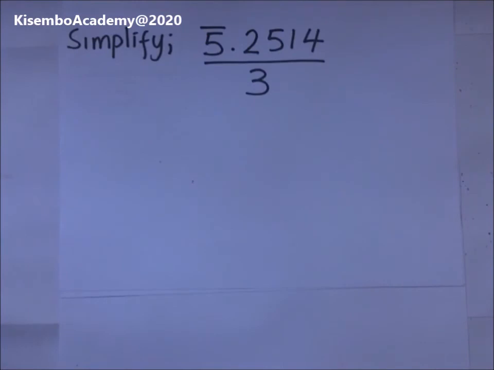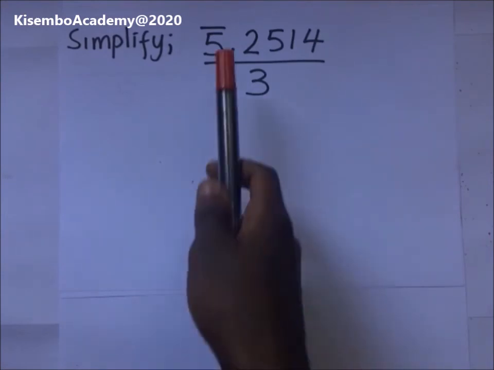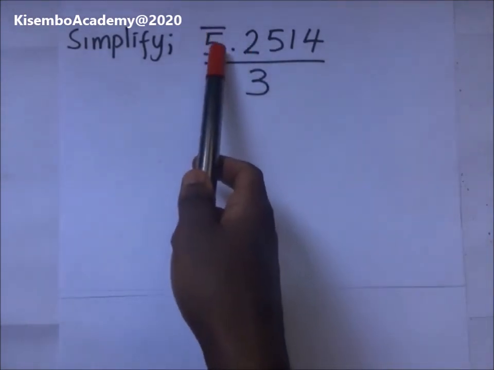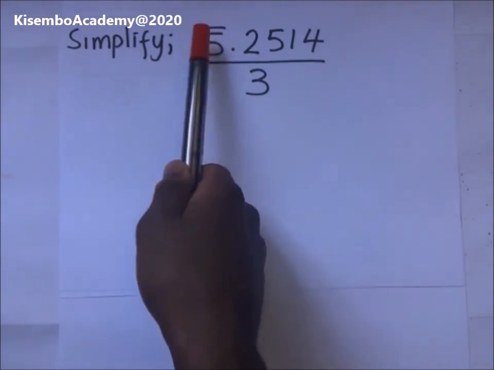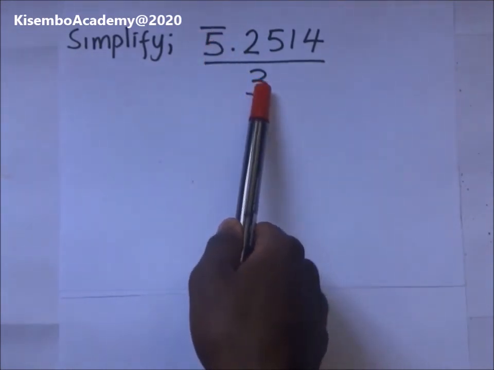But if the characteristic is negative, like in this example, then the logarithm is going to have to be rearranged to make the operation possible. In such cases, the negative characteristic is increased to the next integer so that it is divisible by the dividing constant. If you look at this negative characteristic, you realize that 5 is not divisible by 3.